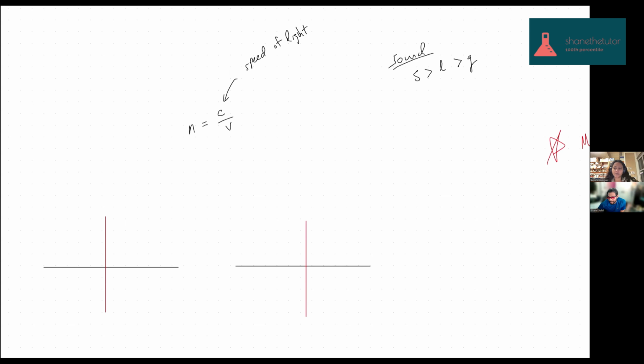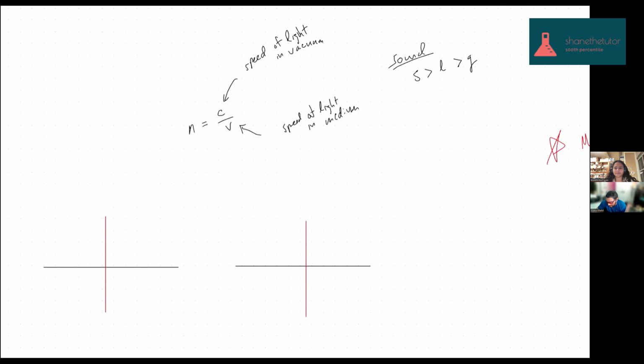And V here is the speed of light in a medium, whatever that medium is. So V would be less than C, right? Or if V is equal to C, N is equal to 1.